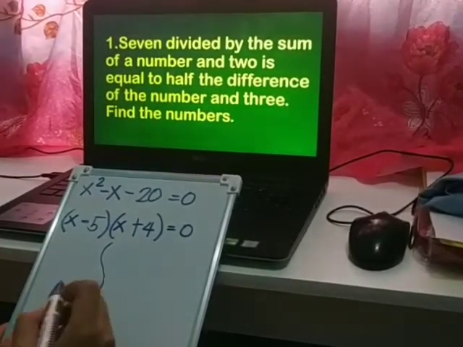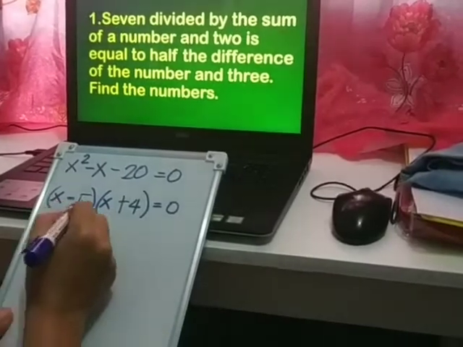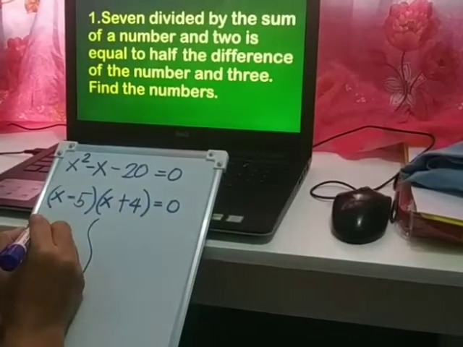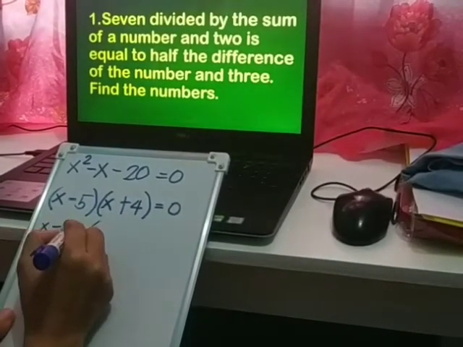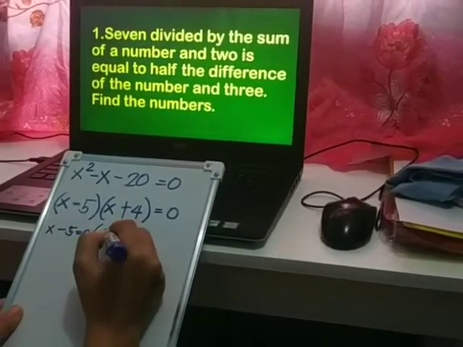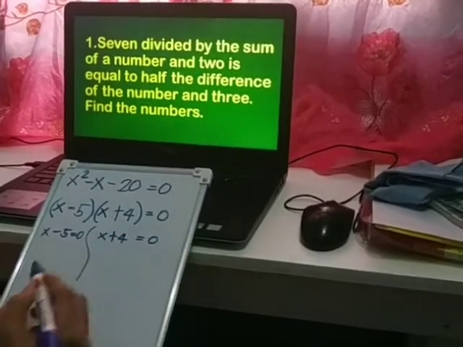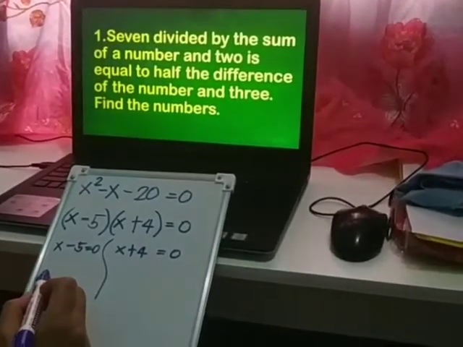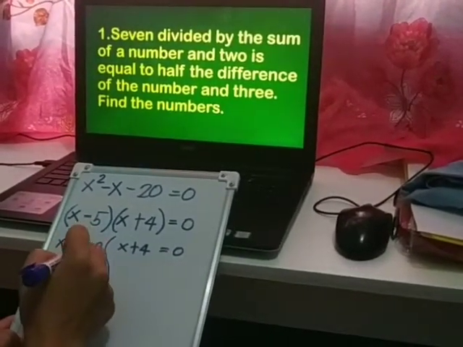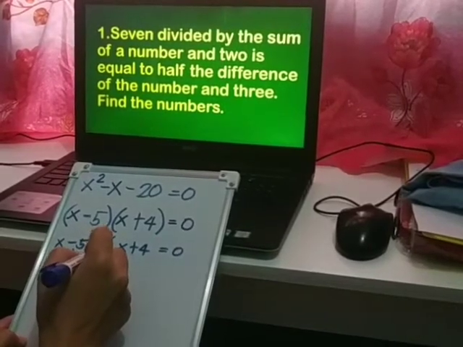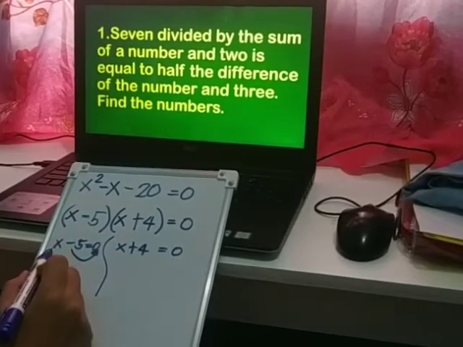Now let's divide them. Equate x minus 5 to 0. x minus 5 equals 0. And then also x plus 4 equals 0. Now solve. We have to transpose negative 5 to the other side so that we can solve for the value of x.